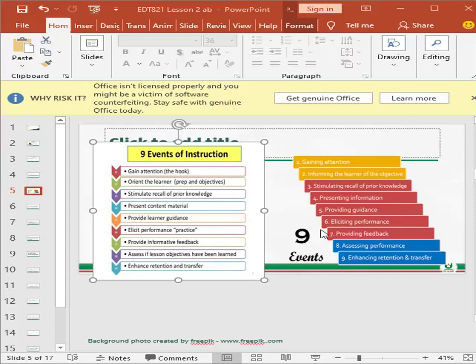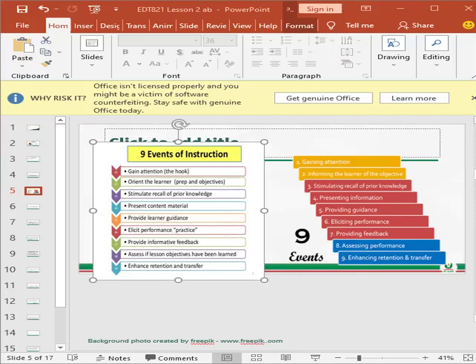The feedback needs to be specific, not just 'you are doing a good job.' Tell them why they are doing a good job, or provide specific guidance. This is in line with the nine events of Gagne's taxonomy.